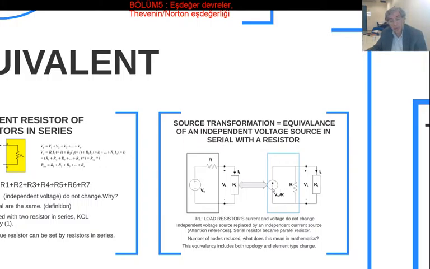So type and topology both change in this equivalency. This equivalency has a special name. It is called source transformation. The reason is that in the first circuit we've got a voltage type of source, and in the second one we have an independent current source type. That's why we call it source transformation.